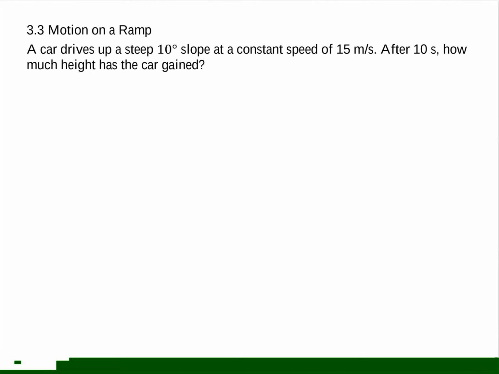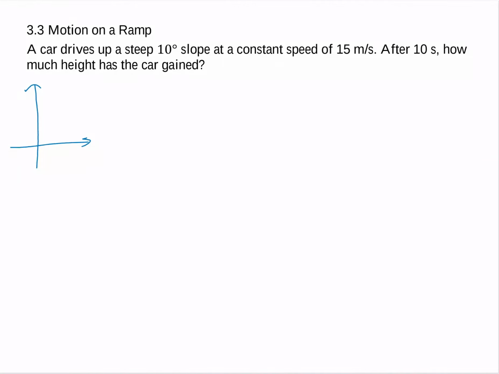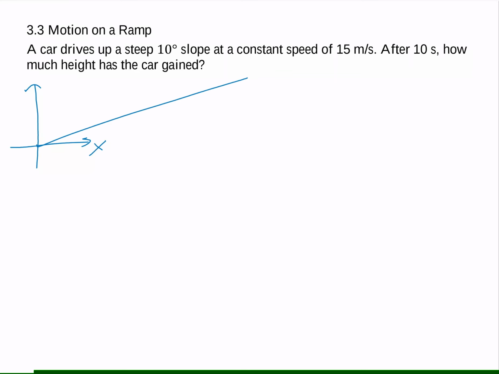First thing we're going to do is draw a picture. Our coordinate system here, now we're going up a steep slope. We might consider tilting the axes, but I'm not going to do that. We have our steep slope. No, we're not tilting this time.